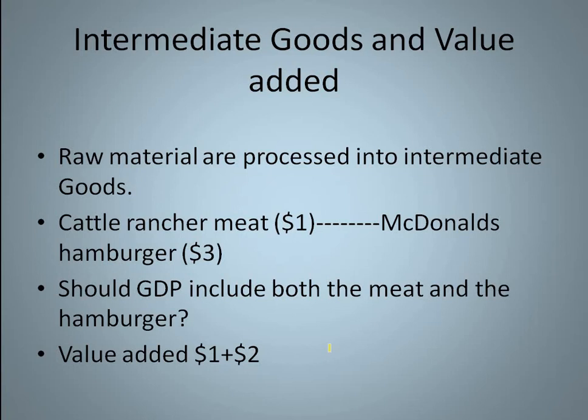The value added of a firm equals the value of the firm's output less the value of the intermediate goods that the firm purchased. In this case, the value added of the rancher is $1, assuming the rancher bought no intermediate goods, and the value added of McDonald's is $3 minus $1, which is $2. The total value is $1 plus $2, which equals $3.